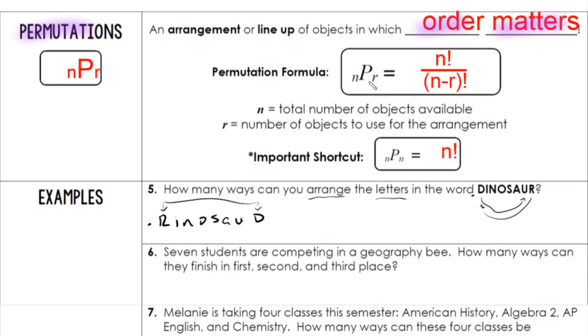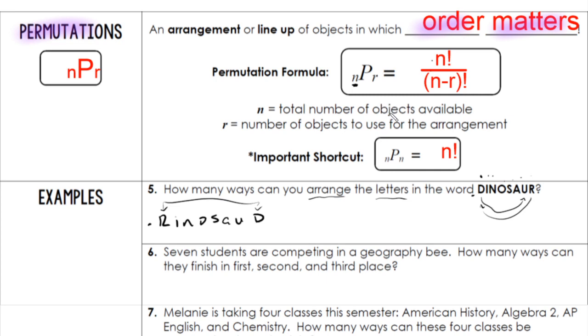Permutations can be worked out like this. n factorial over n minus r factorial, where n is the total number of objects available. In this case, it'd be the total number of letters in the problem. And r is the number of objects to use for the arrangement.